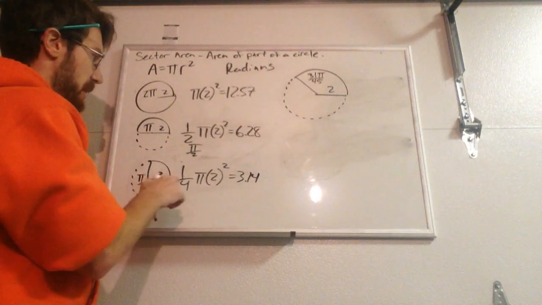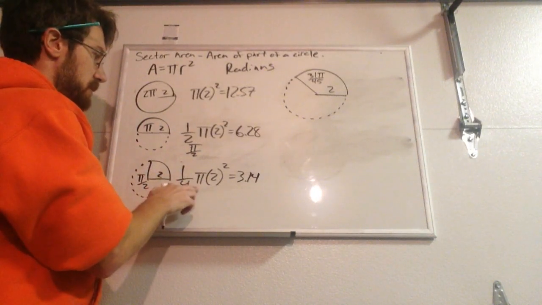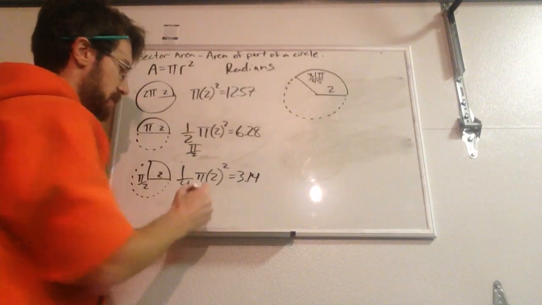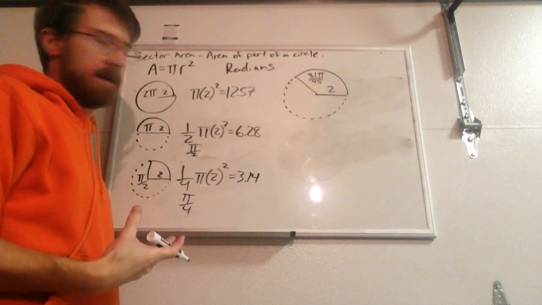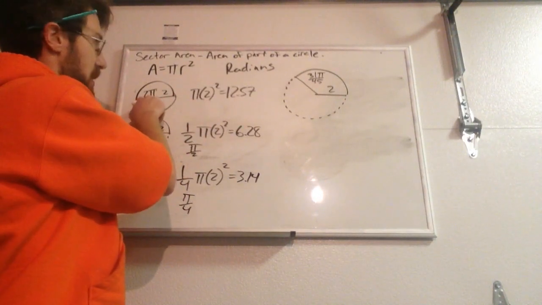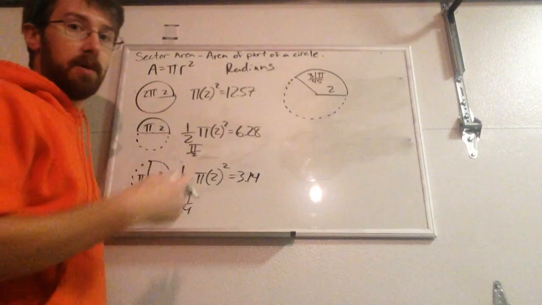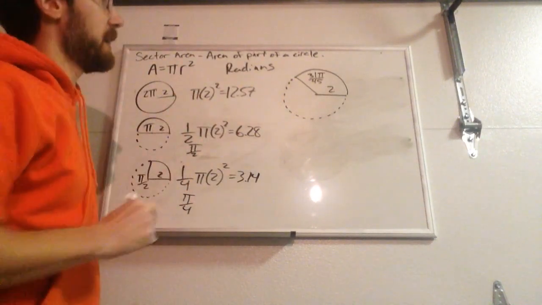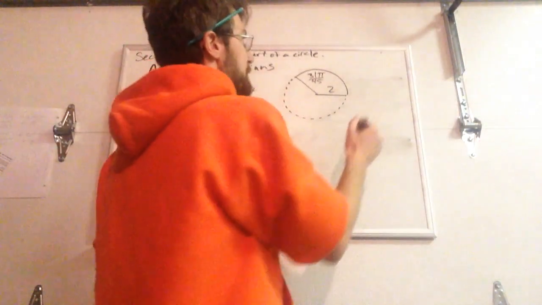This one is going from pi over 2 to 1/4 pi, or pi over 4. So it seems like what is happening is I'm taking whatever my radians are, dividing it by 2, or multiplying it by 1/2, and then multiplying it by the radius squared. Let's see if that actually holds true for this one.